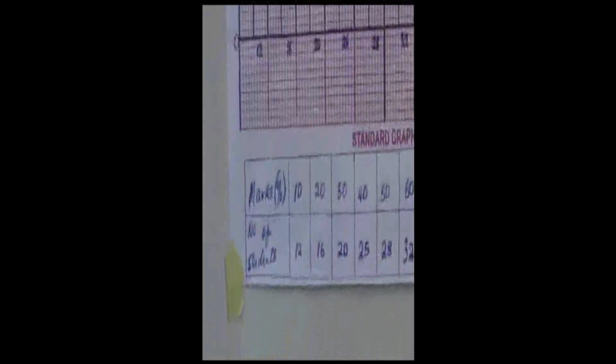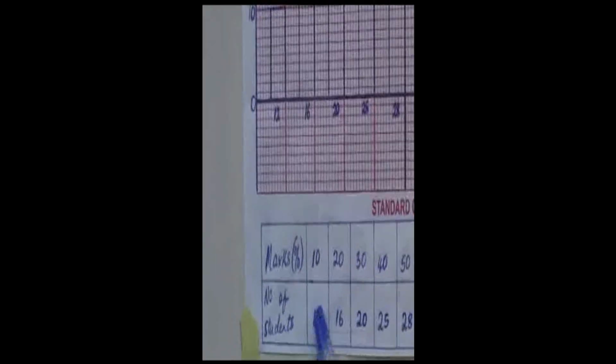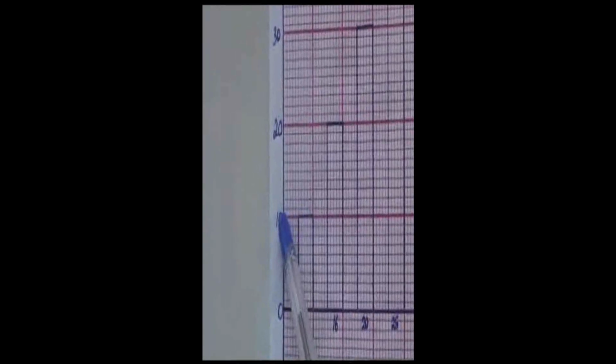Look, you can see now from the table, 12 students scored 10 marks or 10% each. Go to the bar of 12, stopped at 10.